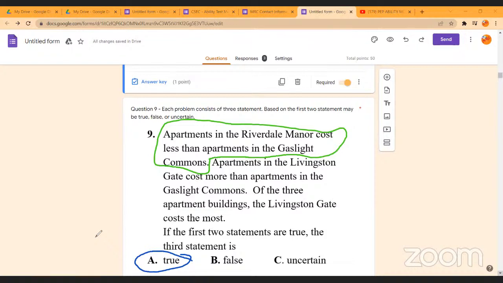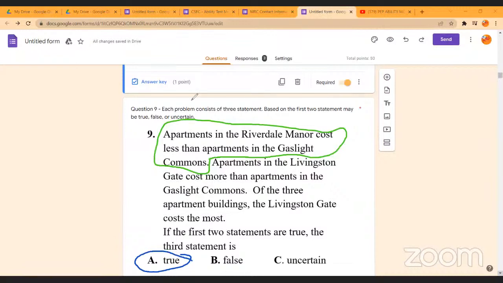So we have two places. Tell me the two places here in the statement. Riverdale is one, Riverdale Manor. And what is the name of the other place that they're talking about? Apartments. So they're talking about apartments. Where are these apartments?